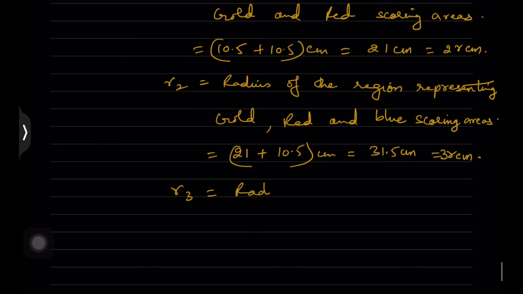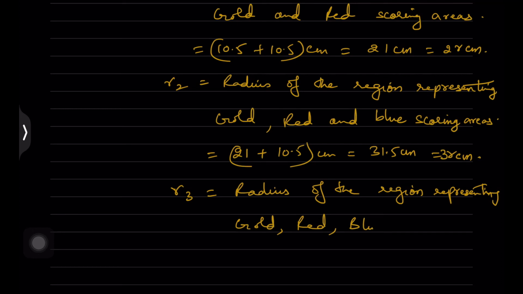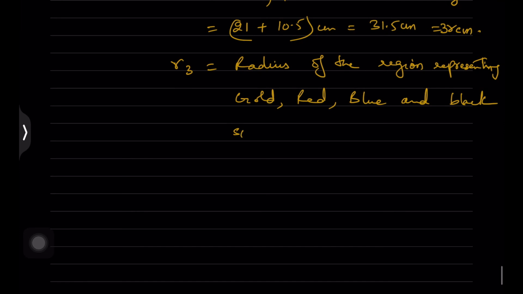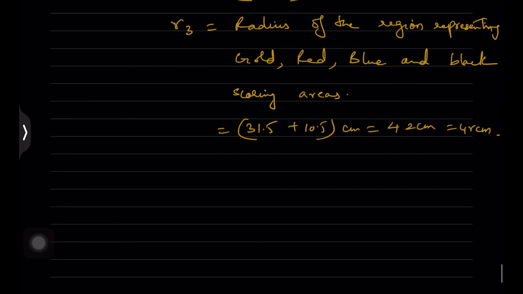Then what is R3? We'll see. R3 is equal to the radius of the region representing gold, red, blue and black scoring areas, which is equal to 31.5 plus 10.5 centimeters, which is equal to 42 centimeters, which is equal to 4r centimeters. Now what is R4?